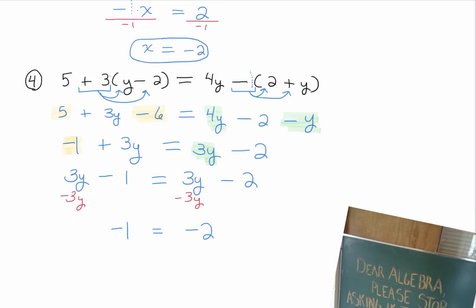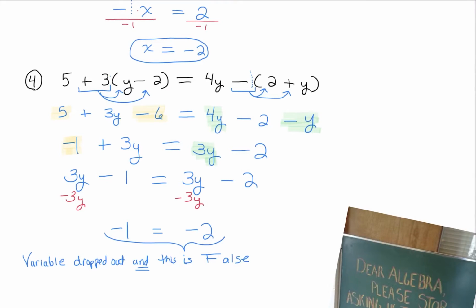Okay, so what we want to observe here is that the variable dropped out, it disappeared, and what is left, this statement, is very clearly false. Negative 1 is not equal to negative 2.